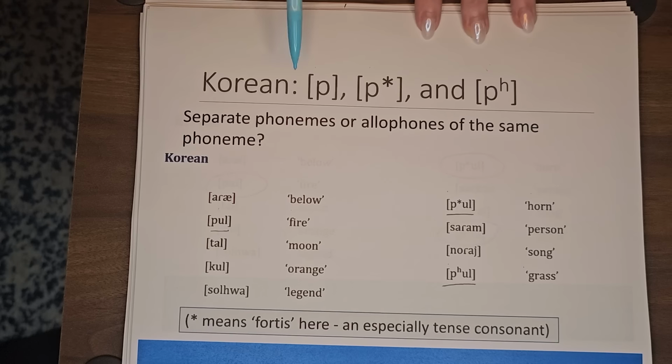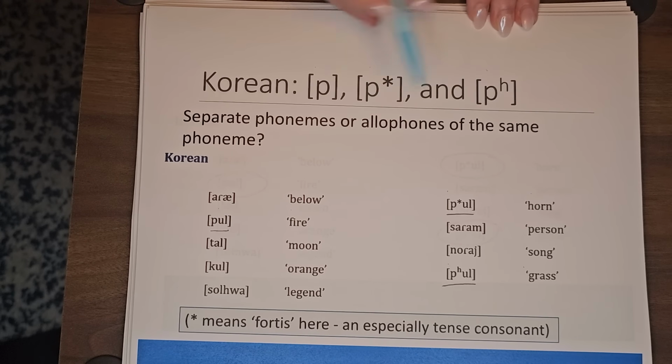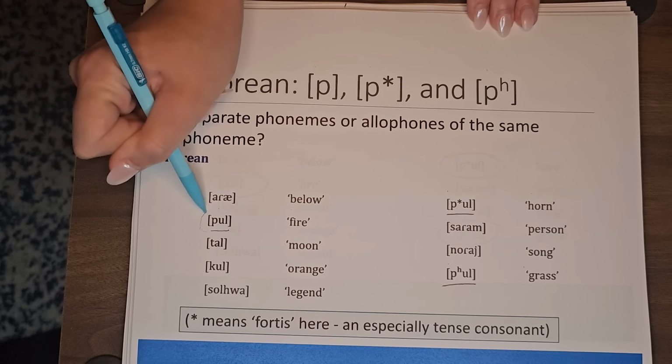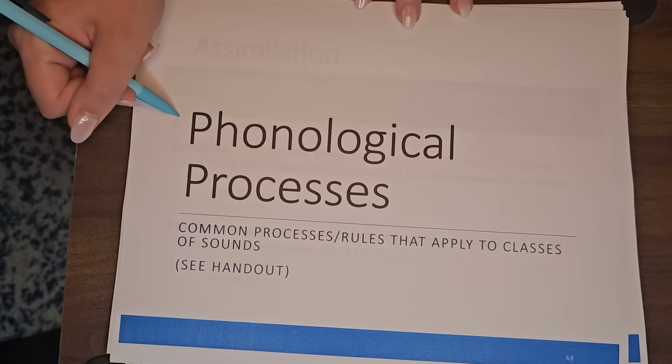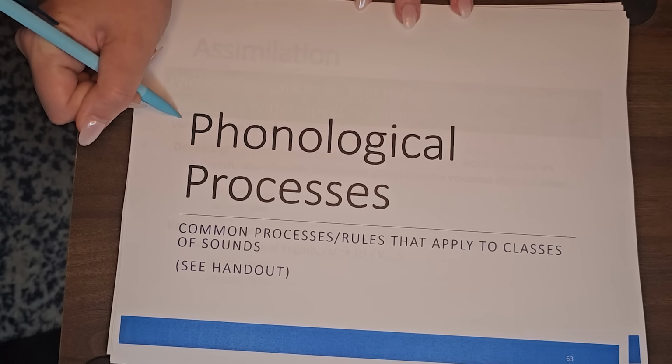This is a three-way distinction that exists in Korean, but does not exist in English. So all of these sounds are different phonemes, and we know this because we can find minimal pairs between all of the sounds. I'm going to skip ahead a little bit to talk about phonological processes.